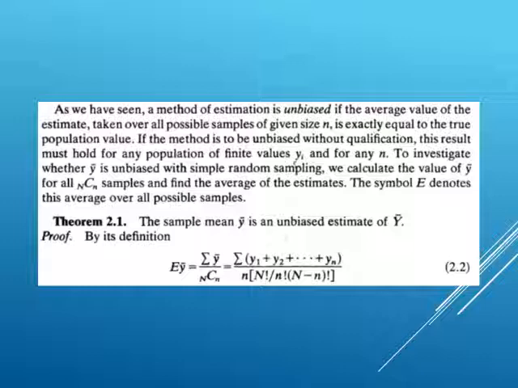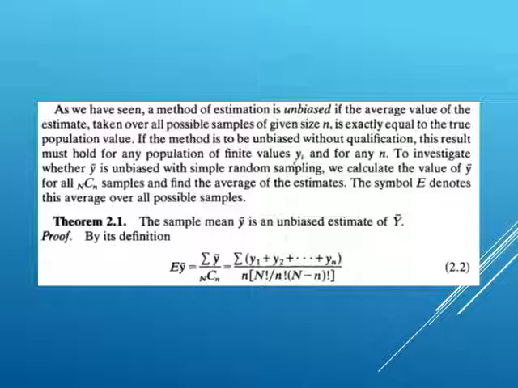To investigate whether y bar is unbiased with simple random sampling, we calculate the values of y bar for all N combination n possible samples and find the average of the estimates. The symbol E denotes the average over all the possible samples.